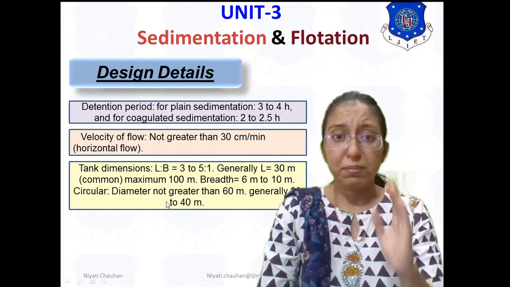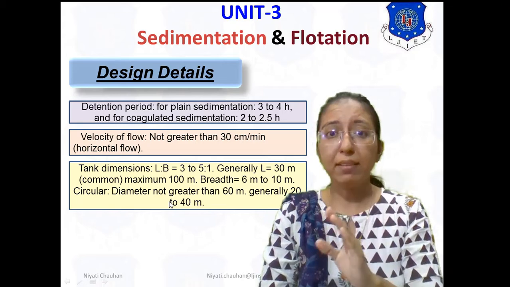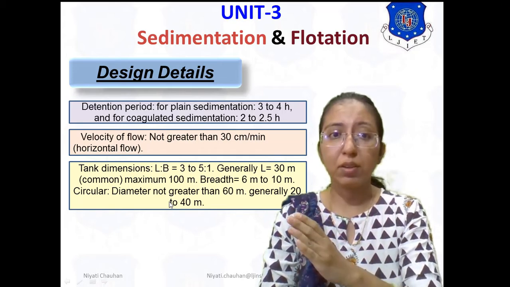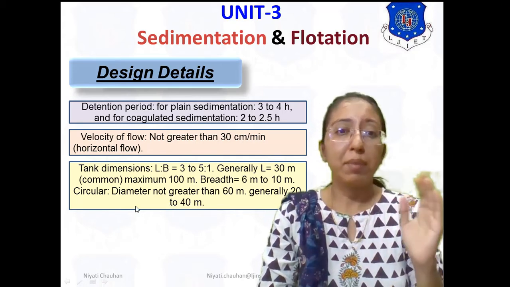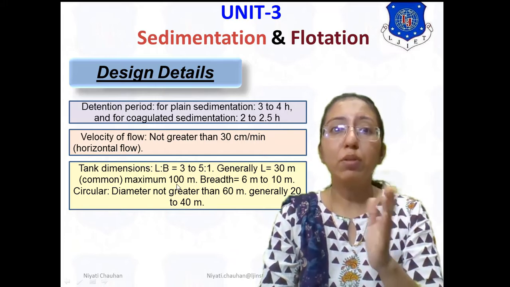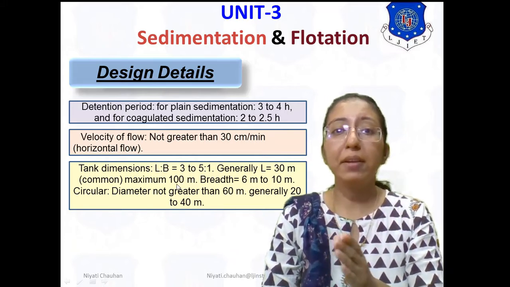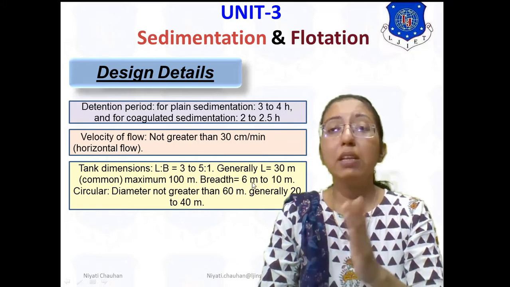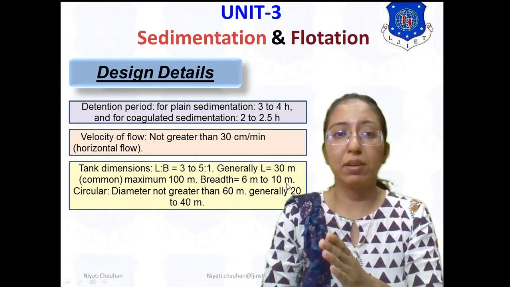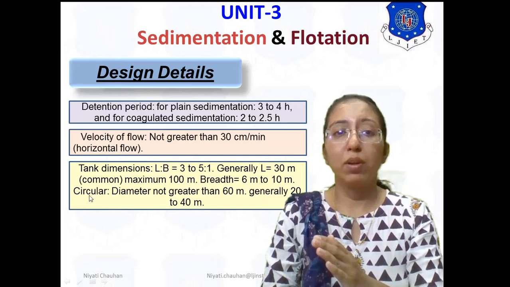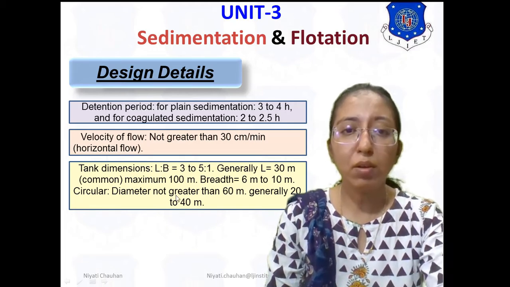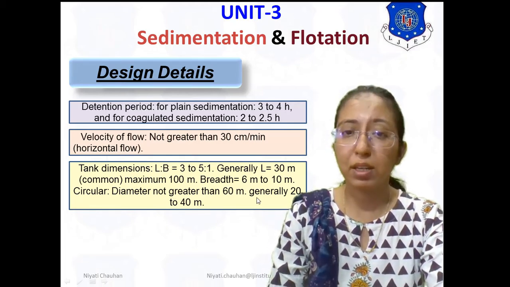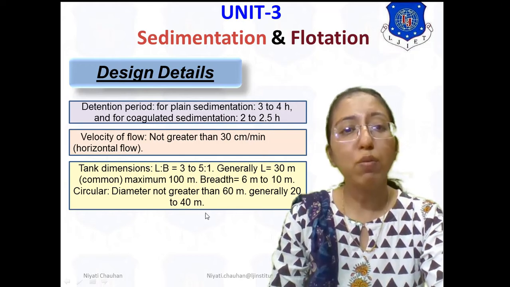Generally length is 30 meters commonly, maximum up to 100 meters, and breadth should be 6 meters to 10 meters. For circular tanks, diameter not greater than 60 meters, generally 20 to 40.